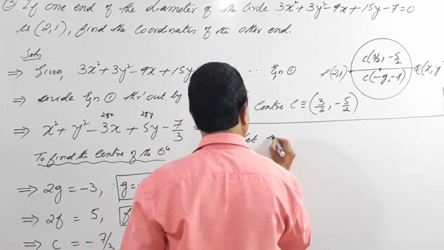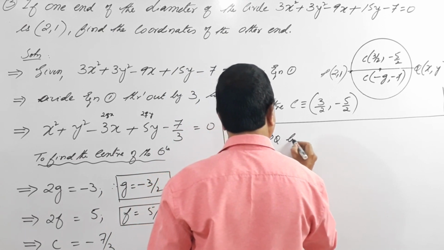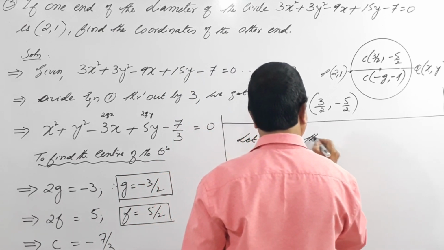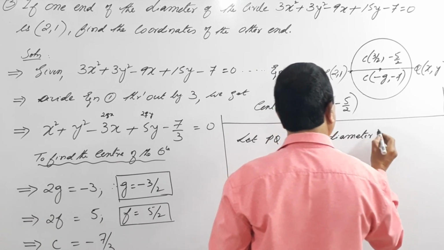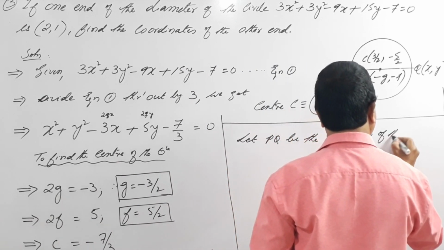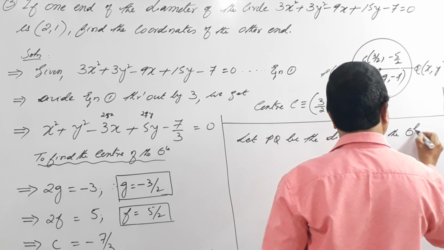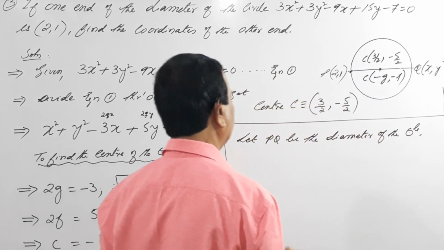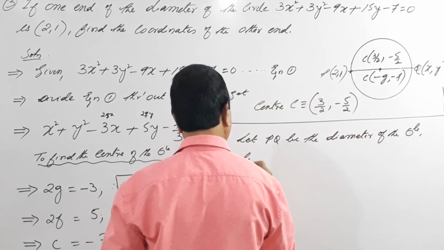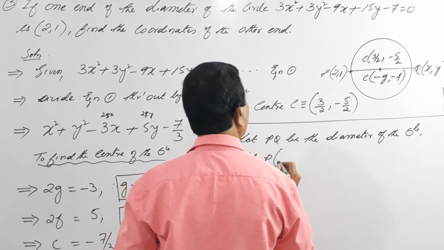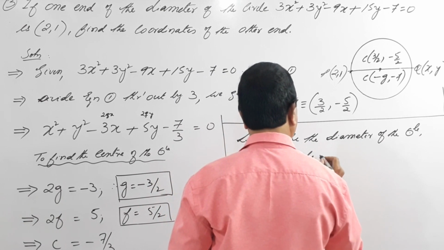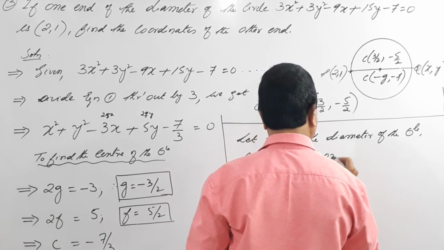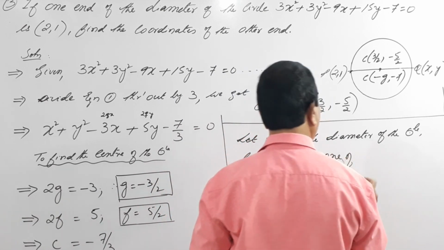Let PQ be the diameter of the circle. Let P, that is 2, 1, be one of the coordinates.